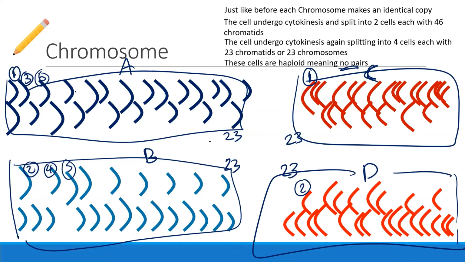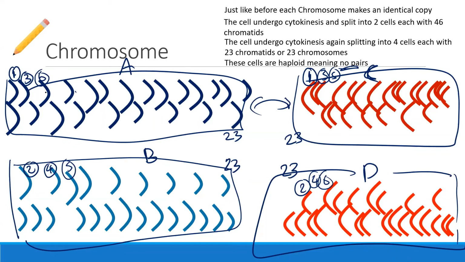Each of these is different. None of these are the same. They all have chromosomes, but not even these two are the same, because this one might have 1, 3, and 5, whereas this one has 2, 4, 6. This one has 1, 3, 6. So they make completely different cells.